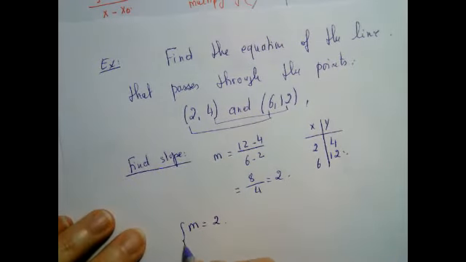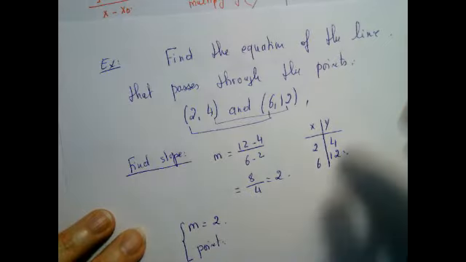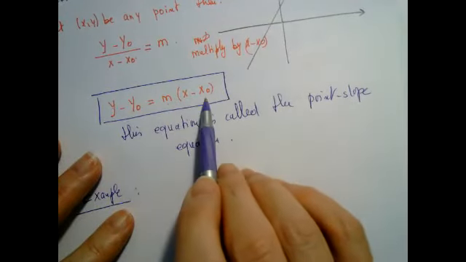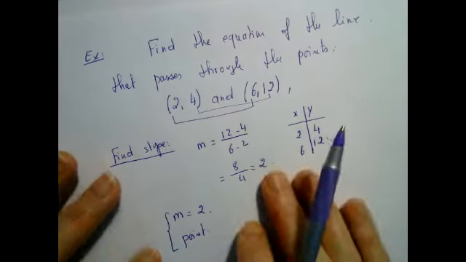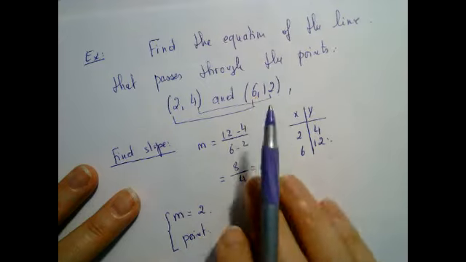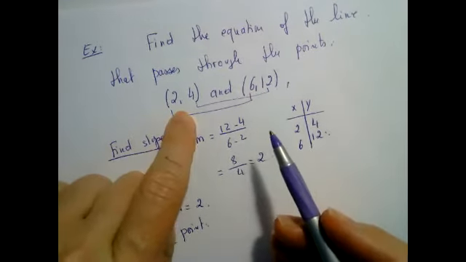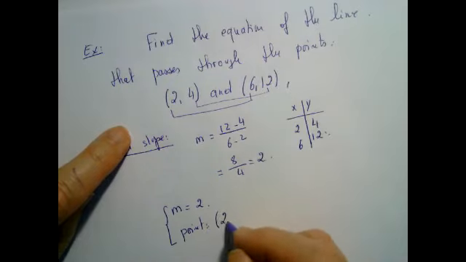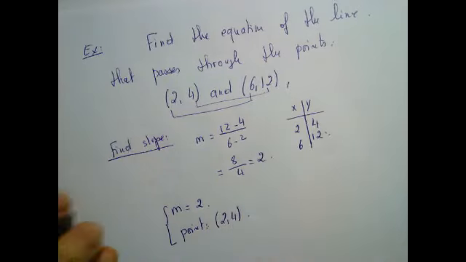Now a point. To apply the point slope form, I need the slope and a point. I have 2 points on this line, and you can use any one you want, the one that you like the most. So a point is (2, 4).